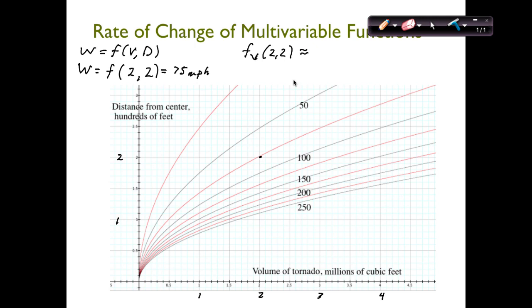What would we need? Nick, Samuel? All right, Nick. We need to know the directional vector. What is v? Volume. So volume means change in x, right? In order to figure out this rate of change, what would we need for a horizontal change on this graph?